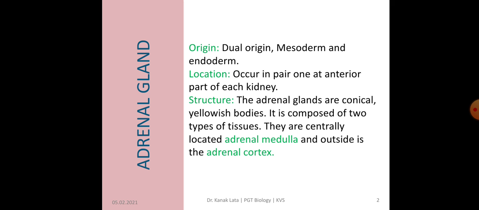Each has two distinct regions having different embryonic origin, structure and function. The two regions are adrenal cortex and adrenal medulla. Adrenal medulla is centrally located, whereas adrenal cortex is outside.